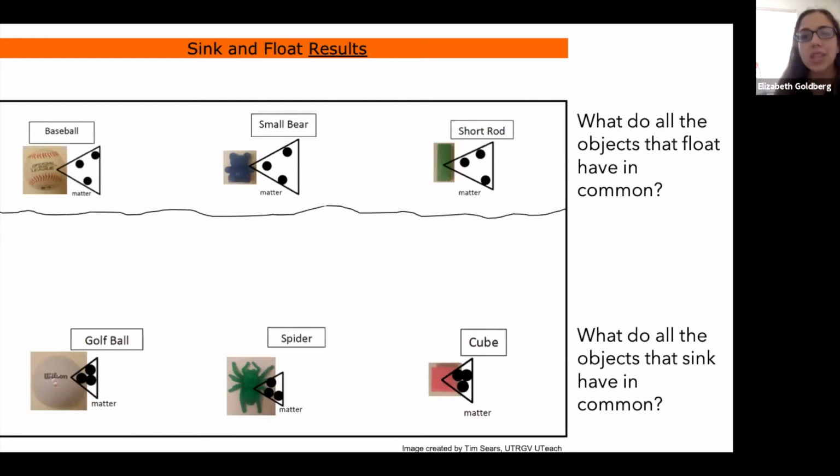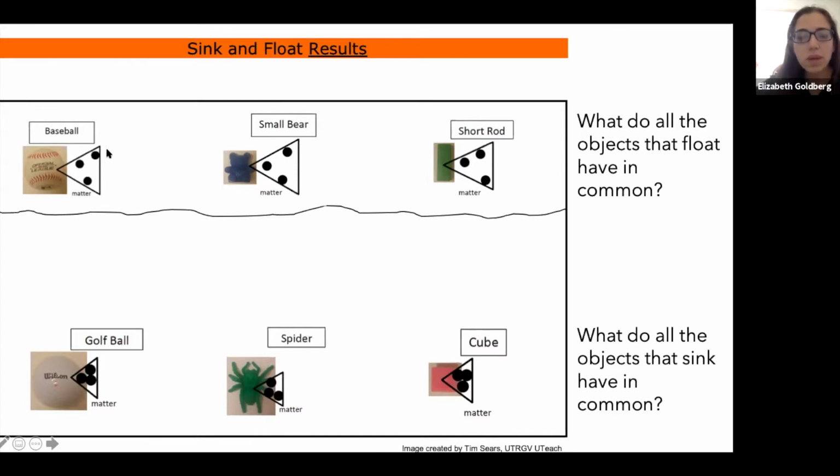Now, this is not the kind of lesson that you can really be doing right now. You can't be handing them a bunch of objects and telling them to put them in water. You can't be handing them manipulative cards. These are examples of manipulative cards that we used to figure out which ones sank and which ones floated and answer that question. So what we're going to do here is, Mr. Sears created the results map.